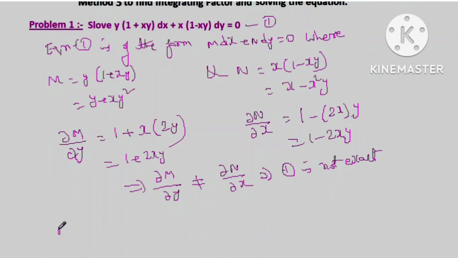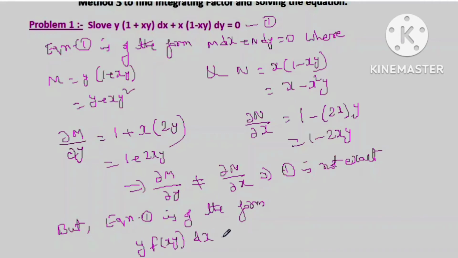But equation 1 is of the form y f of xy dx plus x g of xy dy is equal to 0, isn't it?